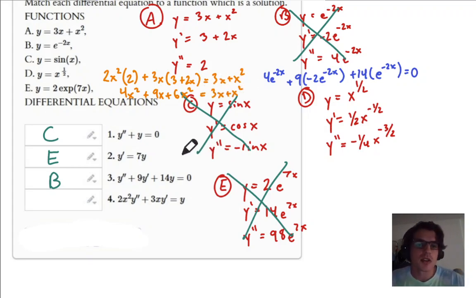I know I'm kind of running out of space here. If we add these, we have 4x squared plus 6x squared is 10x squared, and that's not equal to x squared. These sides need to be the same.